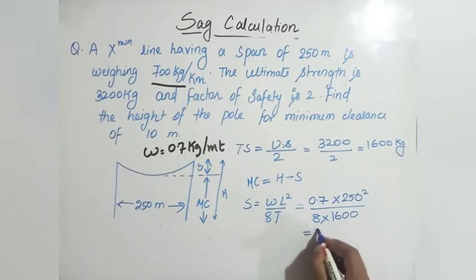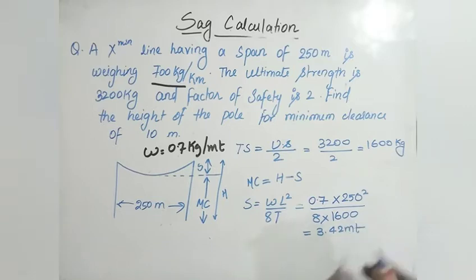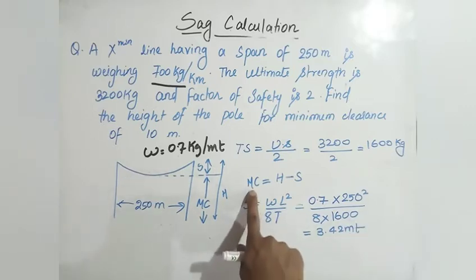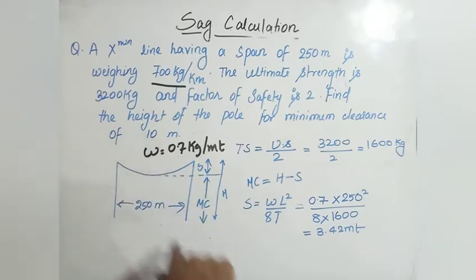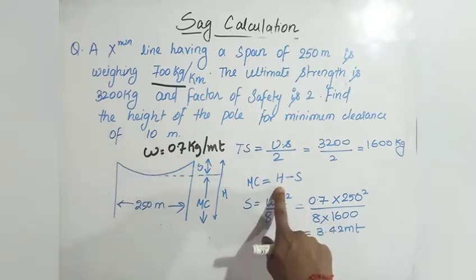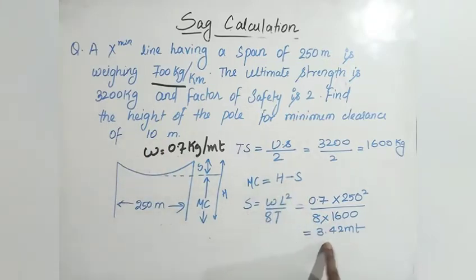So this will give you 3.42 meter, and we know the minimum clearance is 10 meter. Height of the tower we need to calculate, and sag we got 3.42 meter. So height of the tower will be equal to minimum clearance 10 meter plus sag 3.42 meter. So you will get 13.42 meter.